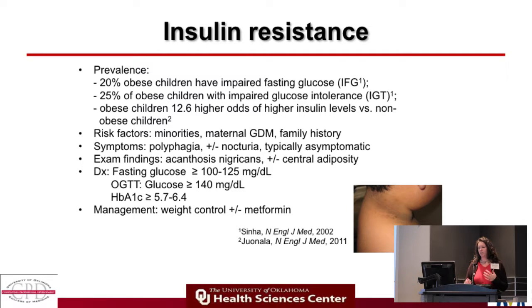A lot of our kids have polyphagia, an increased appetite, but I don't look at that as much, since this is pretty asymptomatic unless they've got overt diabetes. On exam, you can see acanthosis, as demonstrated here, for the non-providers. It's just darkening of the skin on your neck, under your arms, or in areas where your skin overlaps.